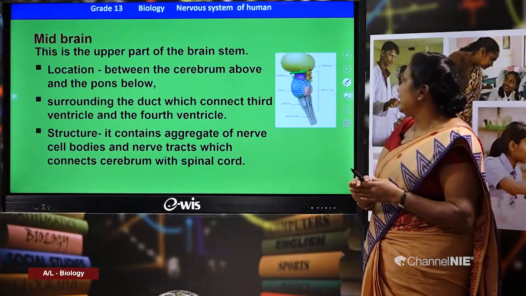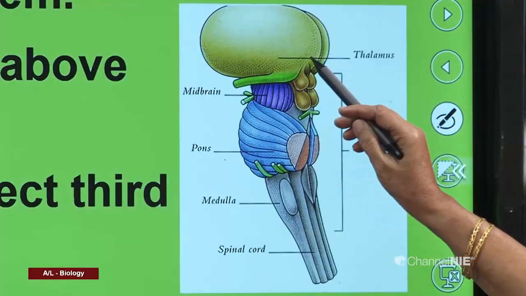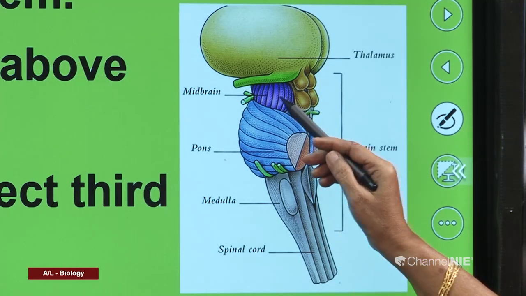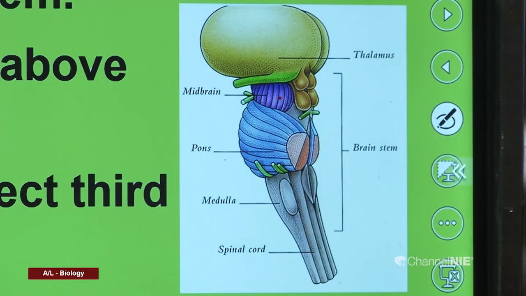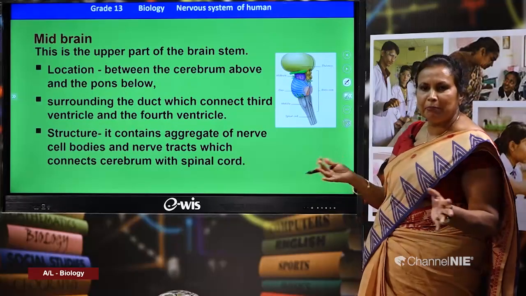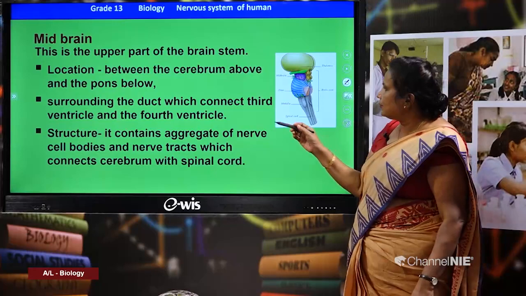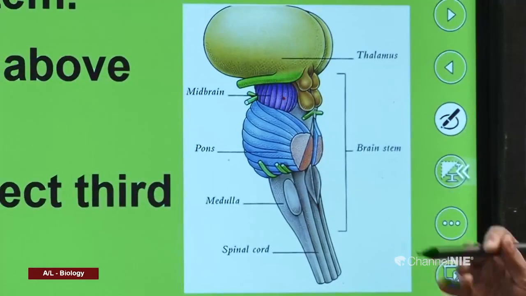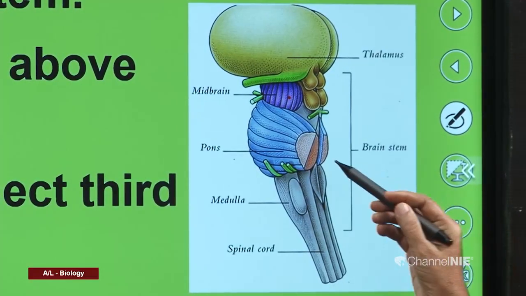You can see it is below the thalamus, above the pons. This purple color region, right, that is the midbrain, understood. It contains some other small structures, but we are going to study the major functions of the midbrain, understood. It actually surrounds the duct which connects the third ventricle and fourth ventricle.